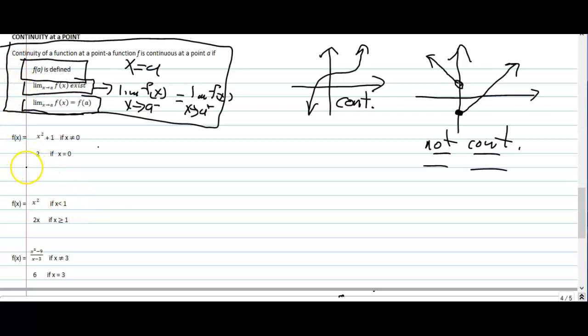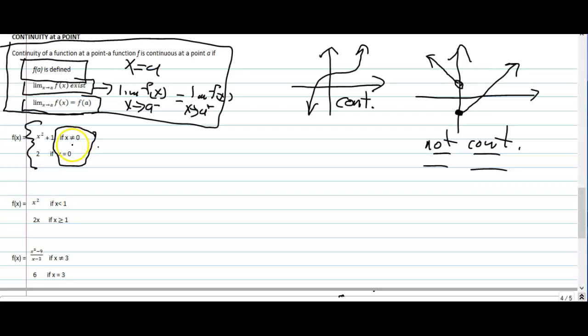So here what I'm going to do is test this particular function for continuity. Now, if this function fails to be continuous, it is probably going to fail around x equal to 0, because that's where the function does some crazy stuff. The function is equal to x squared plus 1 if x is not equal to 0.